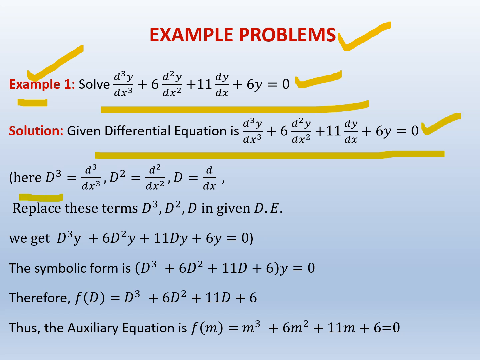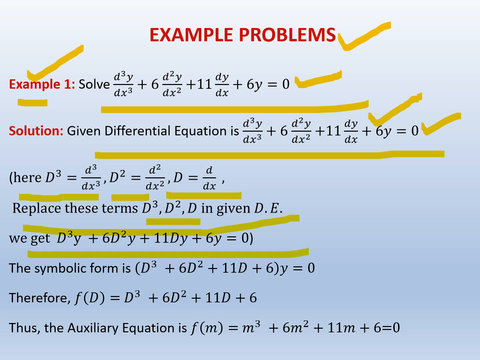For this, we know that D cube equals d cube by dx cube, D square equals d square by dx square, and the differential operator D equals d by dx. Now, replace these terms D cube, D square, D in the given differential equation.